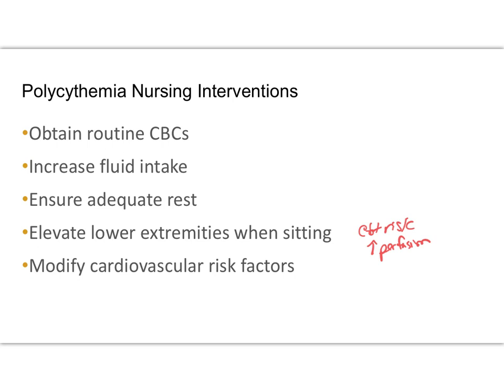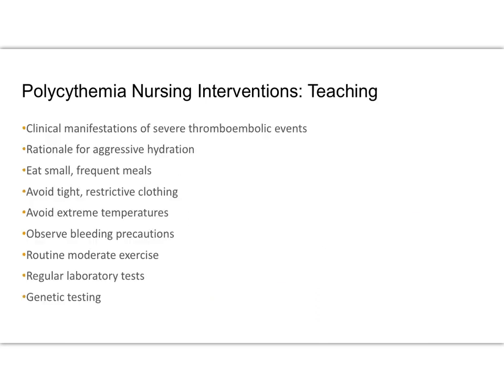Might need a baby aspirin to help prevent clotting. Okay. So we want to teach them about signs and symptoms of blood clots, be it DVT, heart, stroke. Make sense?